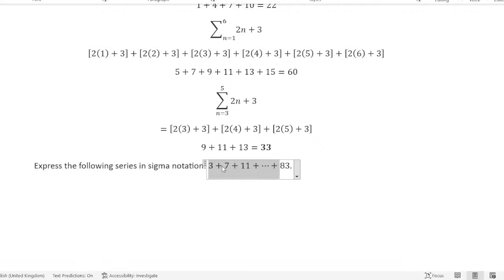It becomes a sequence if we put semicolons. But now it's a series because of the plus sign. So now express this in sigma notation. How? If you notice, this is an arithmetic sequence. So we have the value of a.